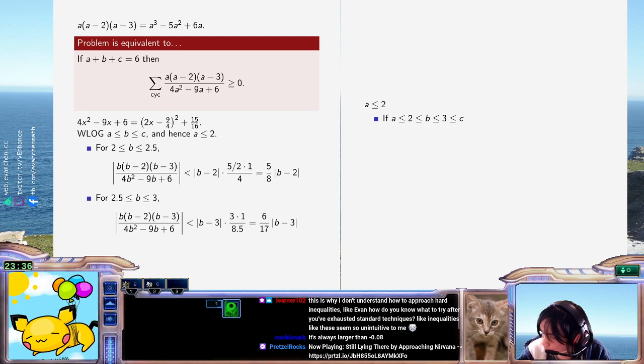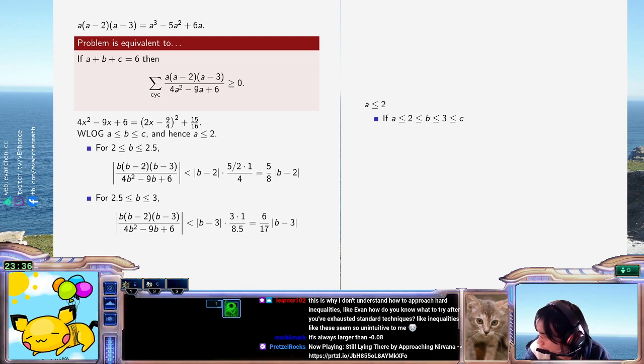So if B is close to 3 versus if B is close to 2. So if B is close to 2, then the worst situations are A close to 2.